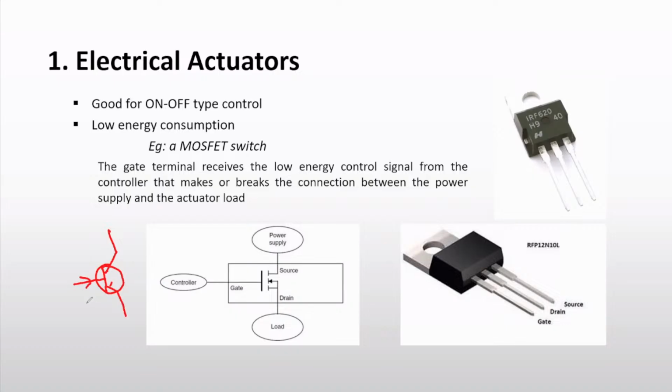If there is an IB current, what happens?